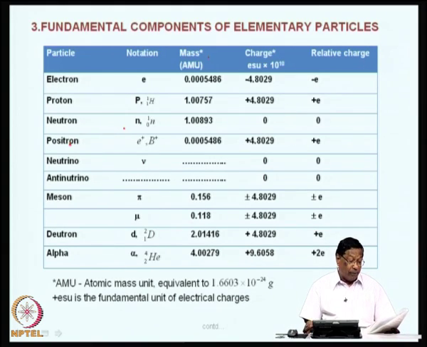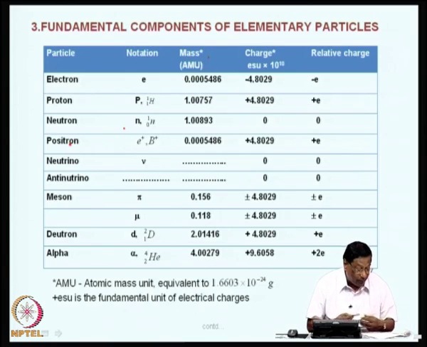Over the years, a number of other unstable particles were discovered which were incapable of independent existence, and these are known as positron, neutrino, antineutrino, mesons, and other particles like deuteron and alpha particles, which have come to be recognized as fundamental particle components of an atom.